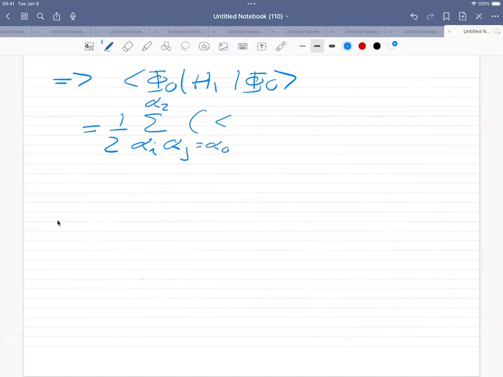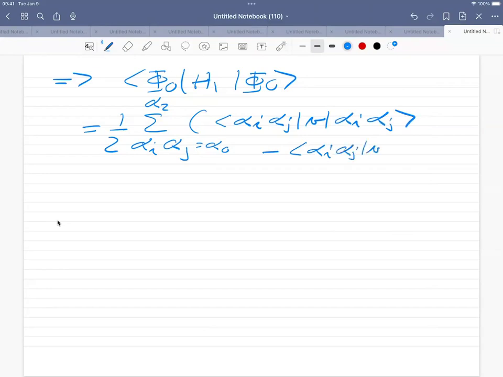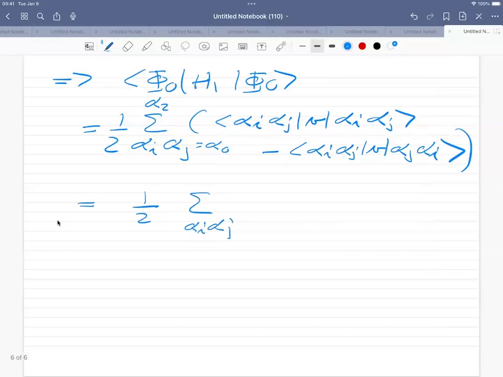So these are the states which we have. And then I will have alpha I alpha j of v alpha I alpha j minus alpha I alpha j of v alpha j alpha I. And we write this out in a more compact way as 1/2 sum over alpha I, and now I just leave it unspecified, because this was 3 particles, but we can just write this in terms of n particles.